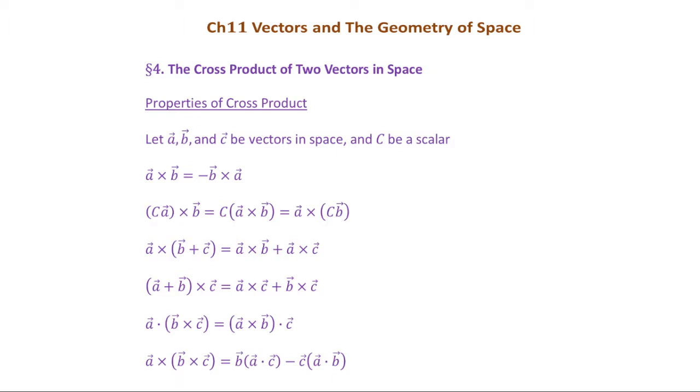All right. So make sure you understand what the formulas mean. If you multiply scalar C with A and cross with B, then you can take out the scalar and just multiply this scalar capital C with A cross B. Or you can move the scalar onto B and get A cross capital C times B. That really doesn't change the result.